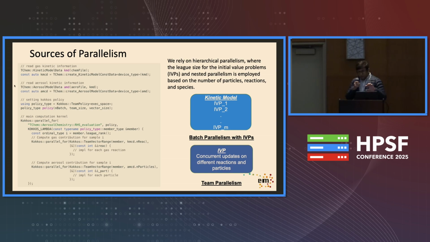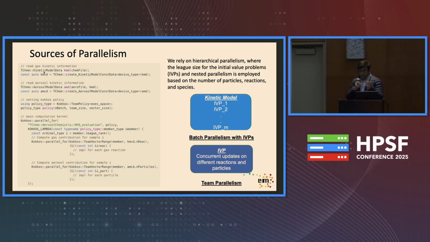And then inside of this main kernel or this main parallel for, we have small problems, and these small problems are the place where we rely on team parallelism, where we basically have loops for number of reactions or number of species, as I show in this pseudocode.